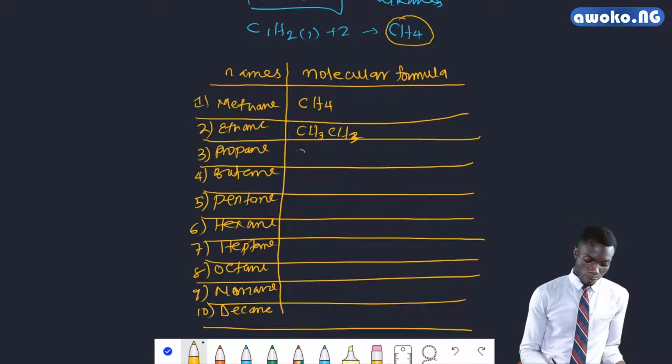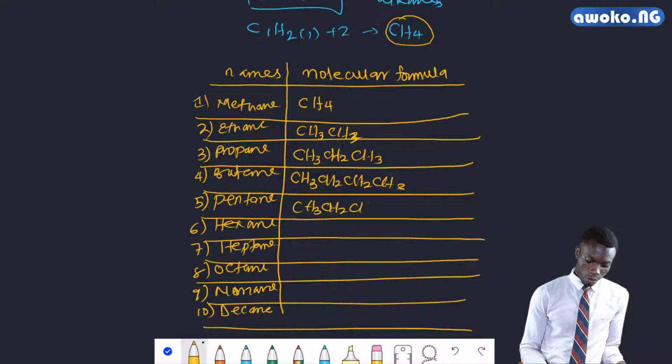So now our propane will be CH3, CH2, and CH3. Our butane will be CH3, CH2, CH2, CH3.